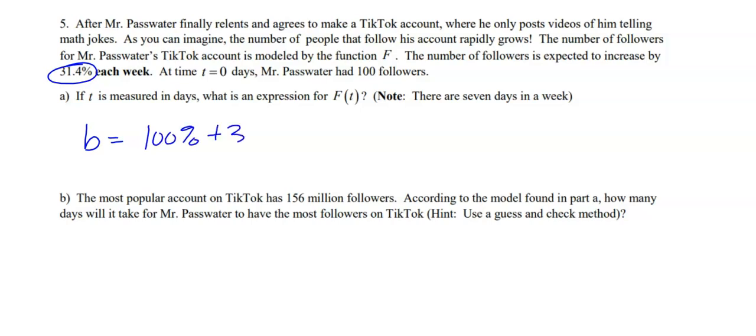We're going to add 31.4% to that since it's an increase. That gives us 131.4%. And then we got to slide our decimal back 2 spots since we're converting from a percent to a decimal. And we got 1.314.